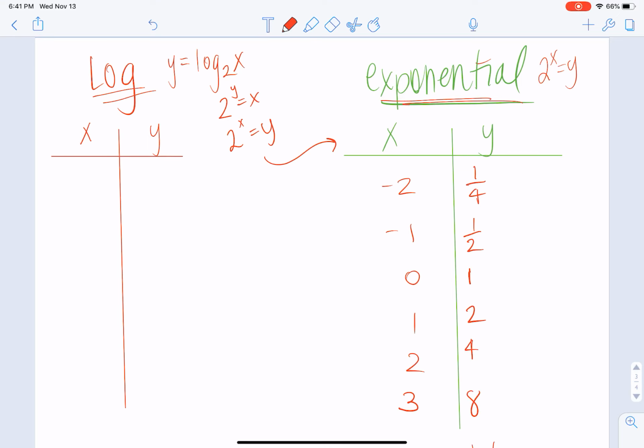When I graph my logarithm, I can flip-flop my inputs and outputs. So now I can input 1/4 and get out -2. I can input 1/2 and I would get out -1. I can input 1 and get out 0.